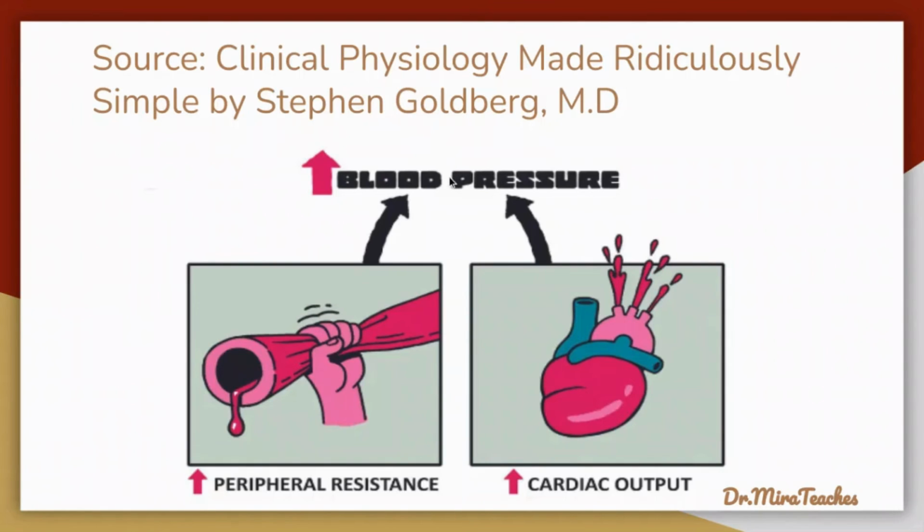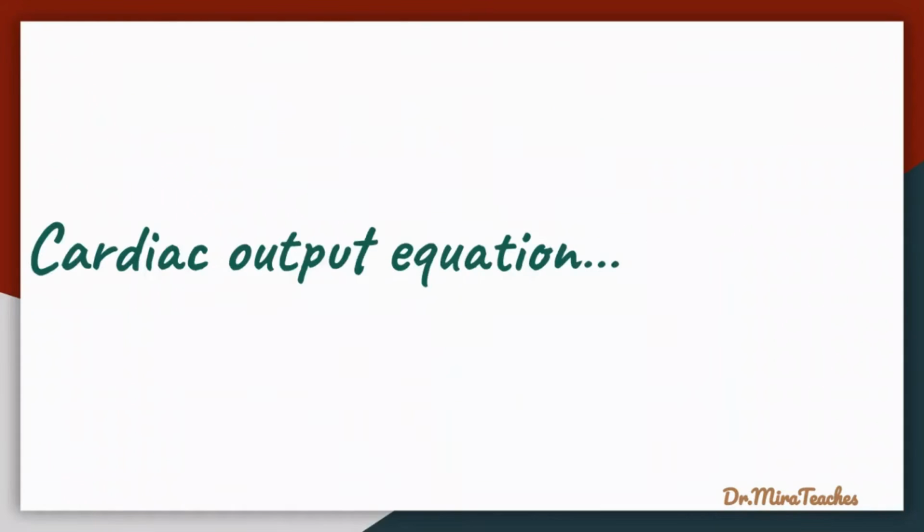So blood pressure is equal to cardiac output times systemic vascular resistance. All right. It's also known as total peripheral resistance. So anyhow you like to call it. Okay. So anything that increases your cardiac output or increases your systemic vascular resistance will lead to an increase in your blood pressure. All right.